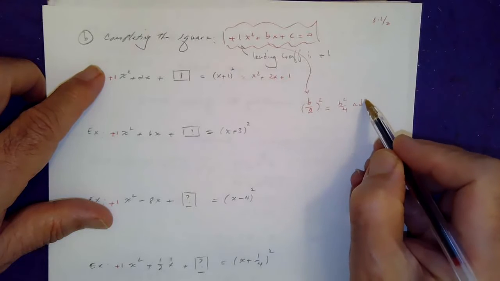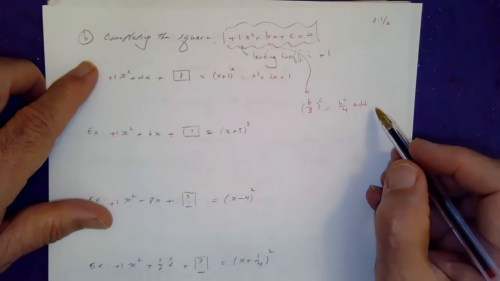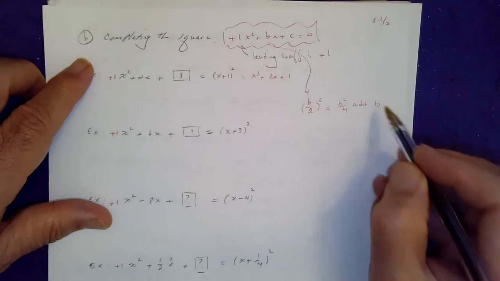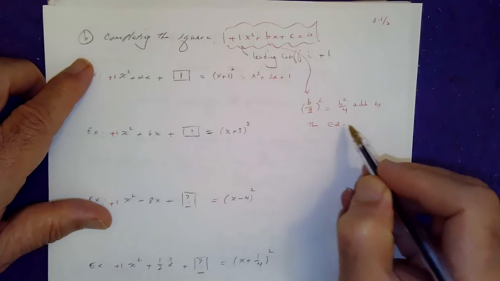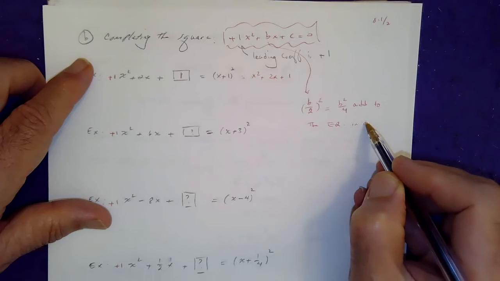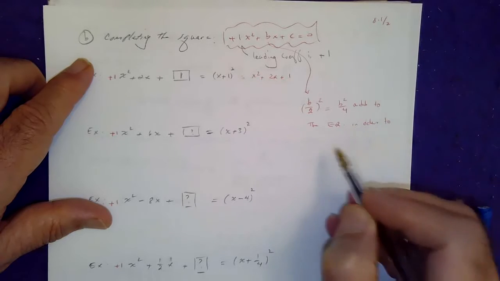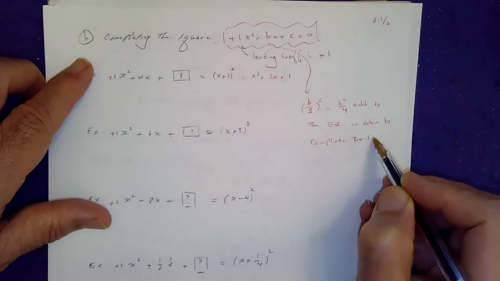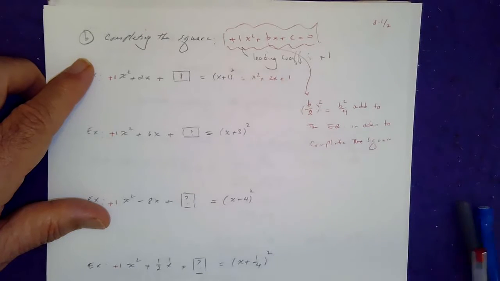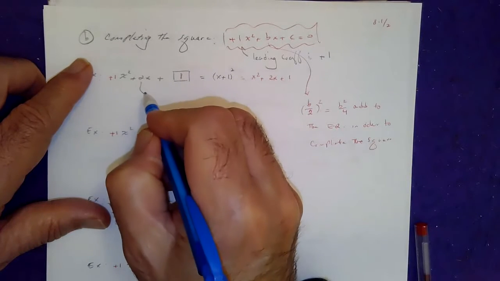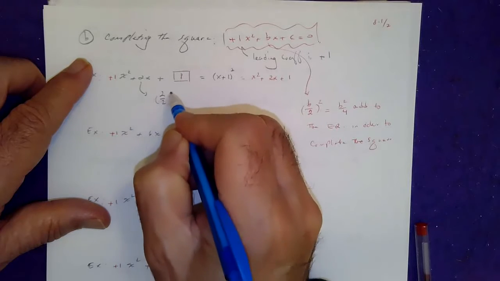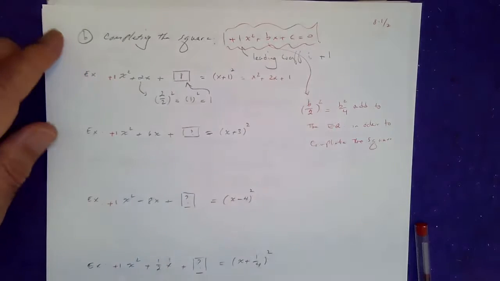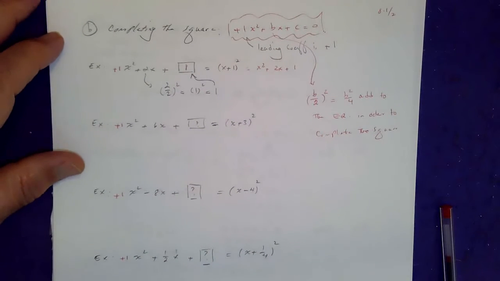This is what you add to the equation in order to complete the square. So in this case, you take half of b and you square it. That's 1 squared, which is 1. That's what goes inside the box.